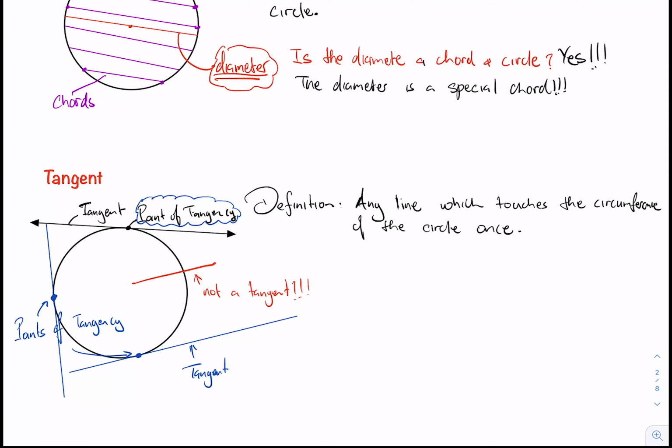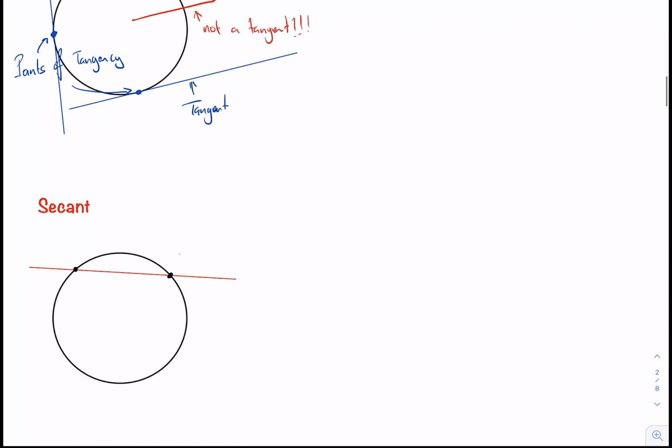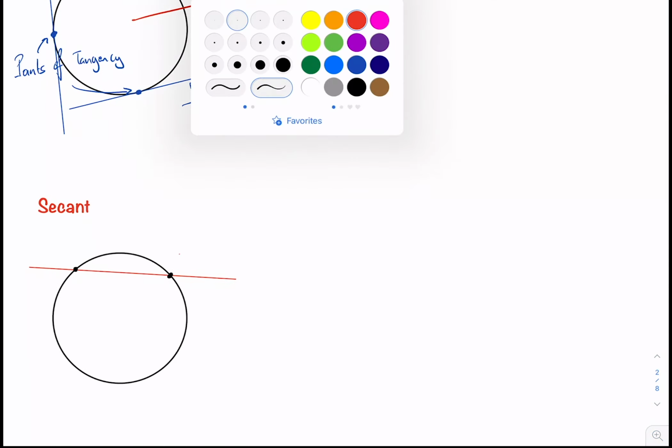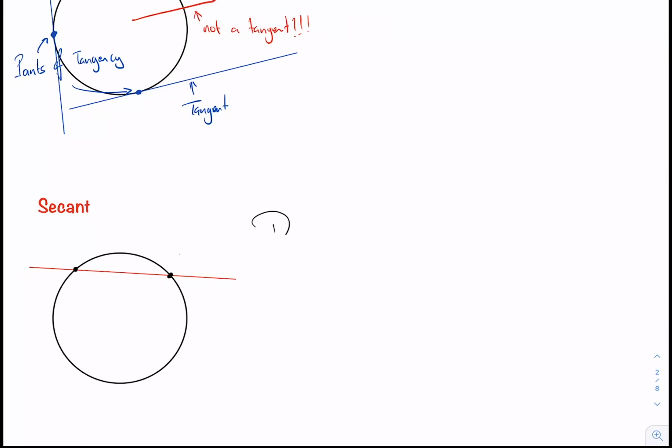Moving right along to what we call secants. I'm going to start off with the definition. We can see the secant line drawn right here. Let's put in our definition.